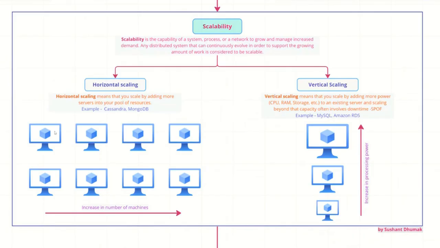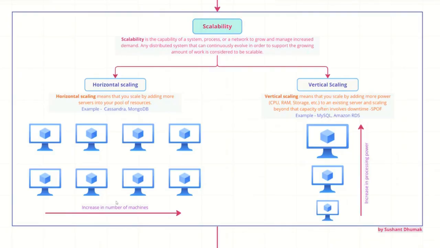If it is a single point of failure, we add more servers so that if one server goes down, another will take care of the requests, and if that one is down, the next will take care of the services. So we are increasing the number of machines. It depends on the kind of traffic you get in your system. Maybe you need thousands of machines, even hundreds of thousands, but it depends on how much traffic you get. And suppose on a weekend there is a lot of traffic that you are getting.